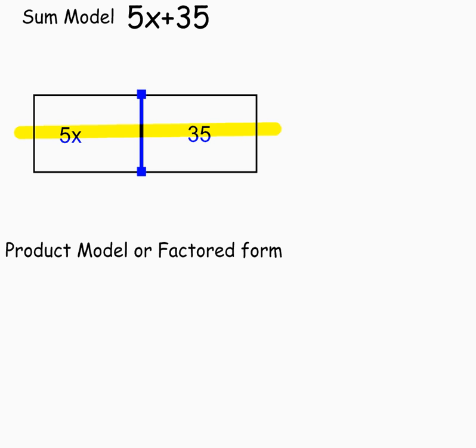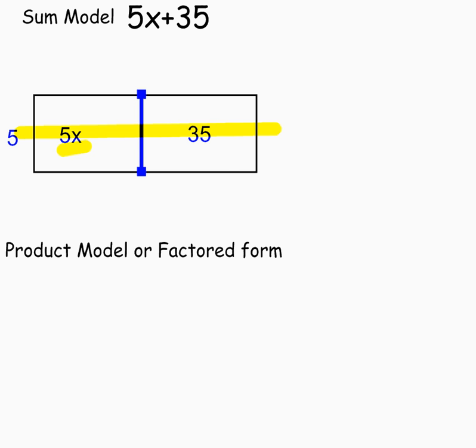My question is, what do 5x and 35 have in common? What number can I divide 5x by that I can also divide 35 by? And that's 5, because 5 divides into 5x and 5 divides into 35.